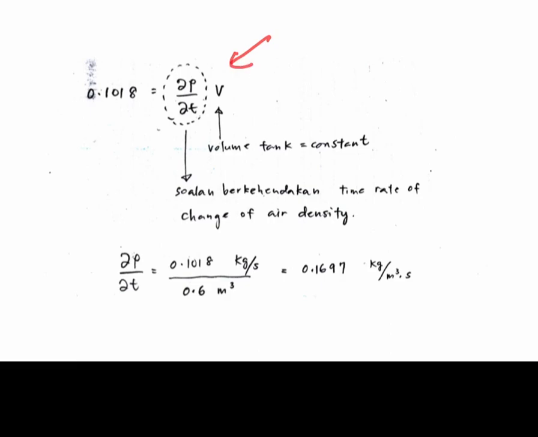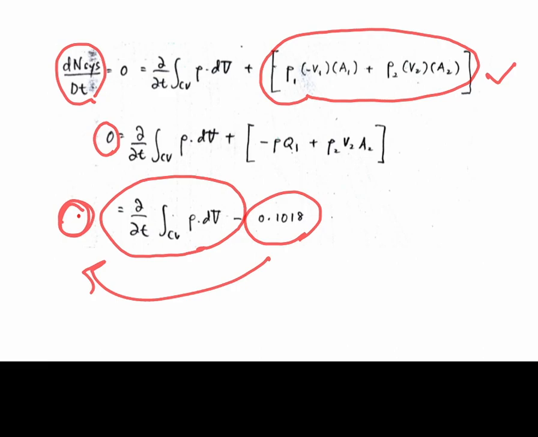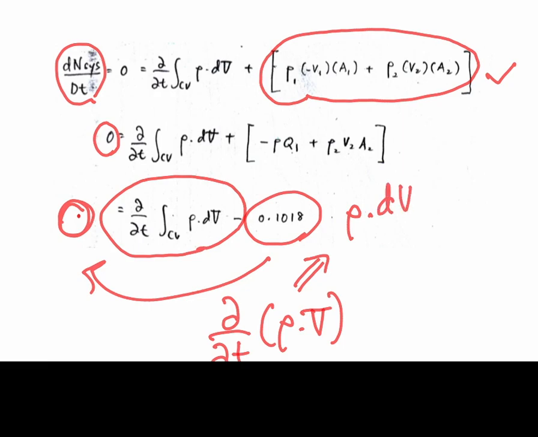Here we have a partial derivative with respect to time of rho and volume. If we expand this term, we get rho dV/dt plus volume d rho/dt.